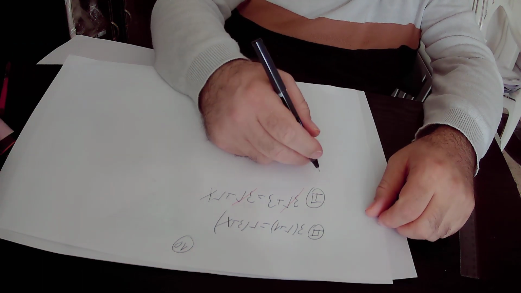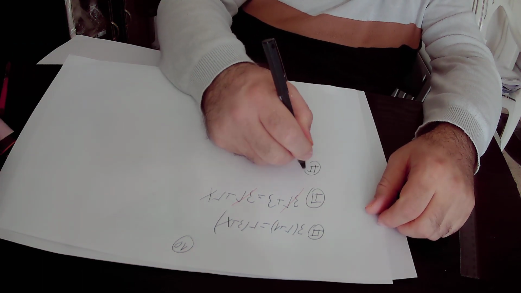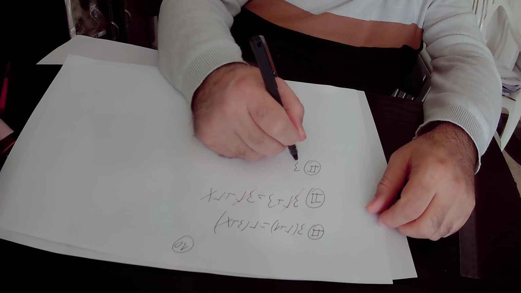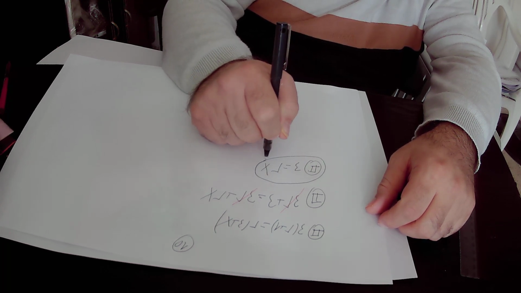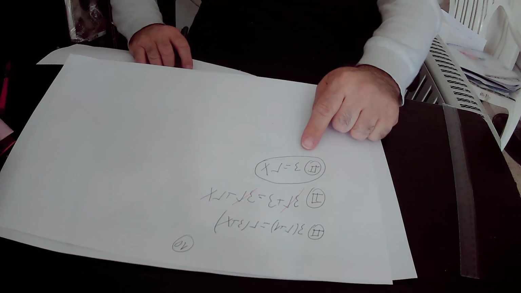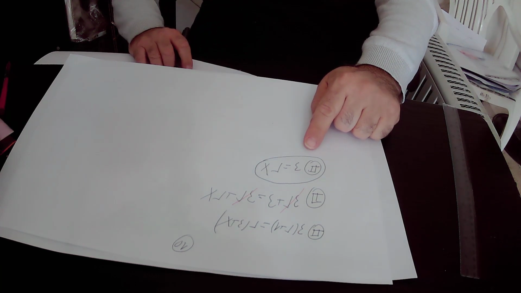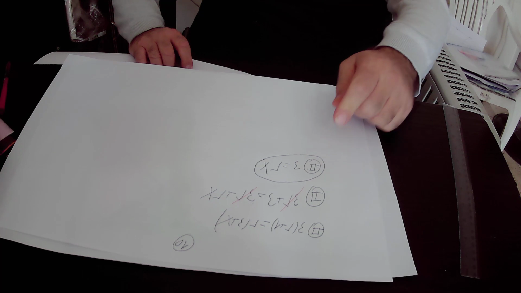What is left is actually that 3 equals Rx. Here we divide equation number 2 by x.